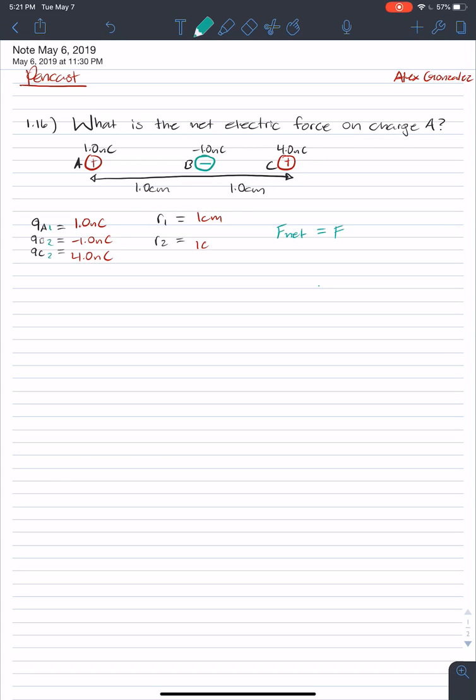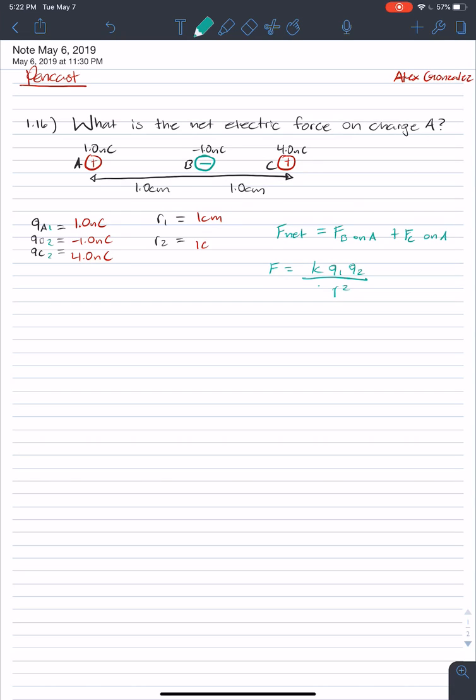So we're going to say F net is equal to the force of B acting on A plus the force of C acting on A. Then we know that force is equal to K, charge 1, charge 2, all over the distance squared.